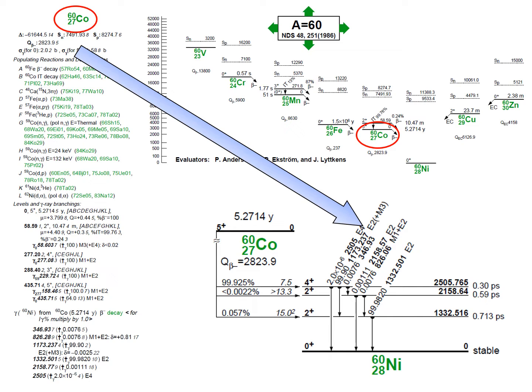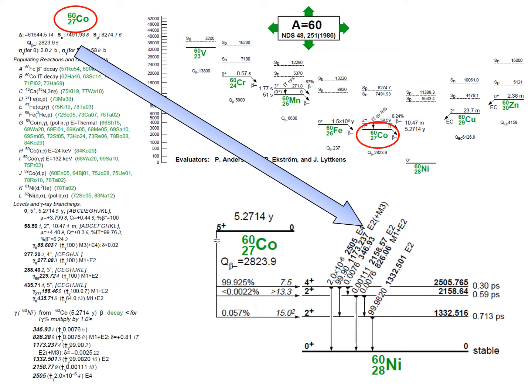the ground state. So what this would show for cobalt-60, we would get two photons from the gamma decay, one at 1173 keV and another one is 1332 keV. So the gammas are related to the decay of the cobalt.